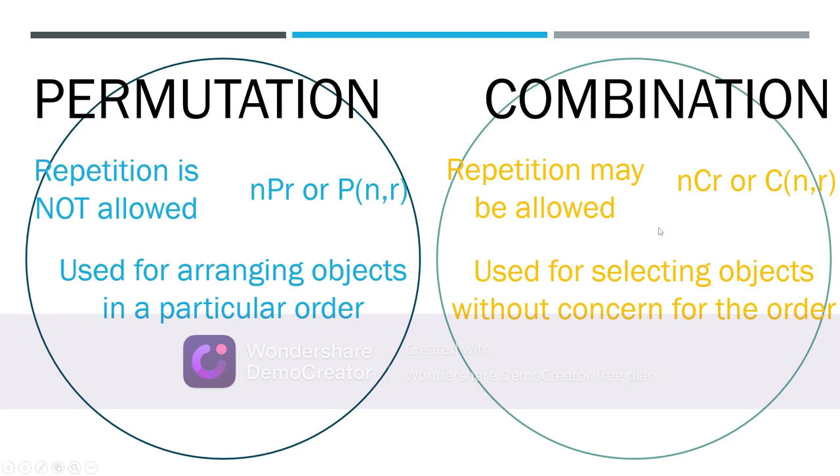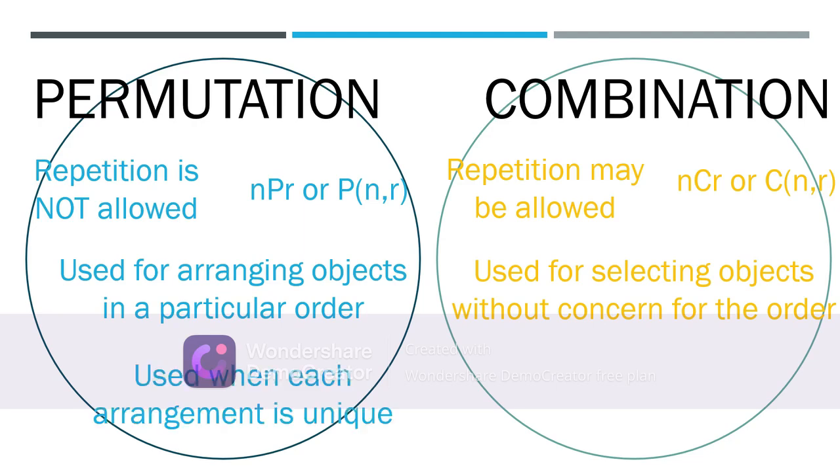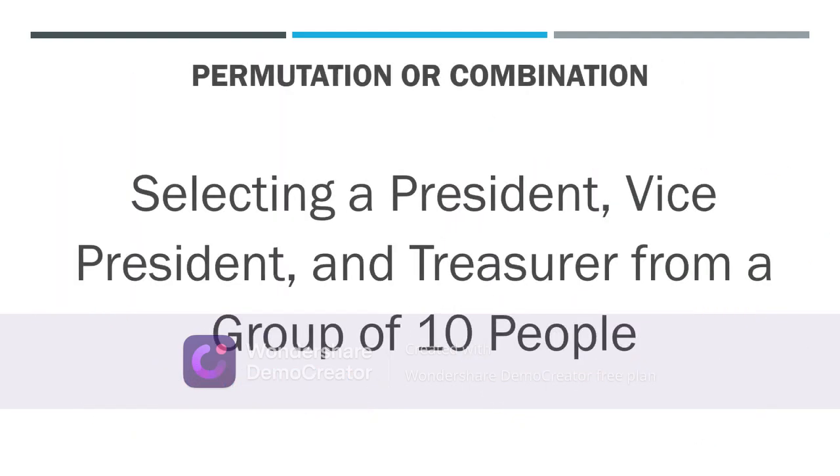So, pag sinabi naman nating AB is the same as BA, mafafall siya sa combination. So, check natin ha kung ano nga ba yung mga scenario na to. Okay, so permutation is used when each arrangement is unique, and combination naman used when arrangement order is not relevant. Hindi siya unique.